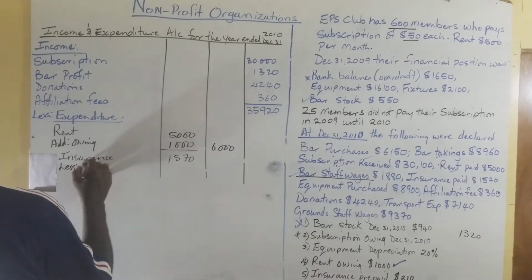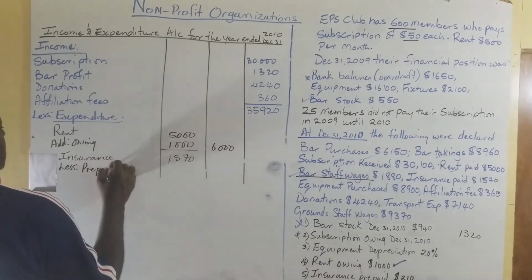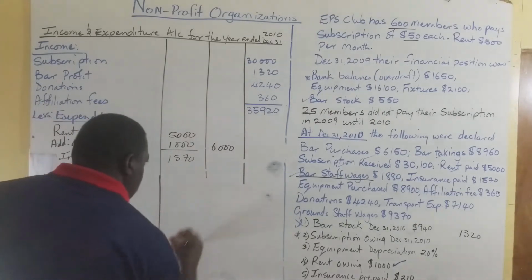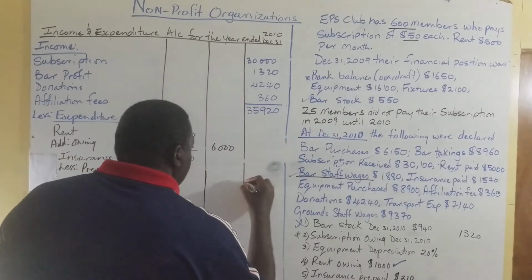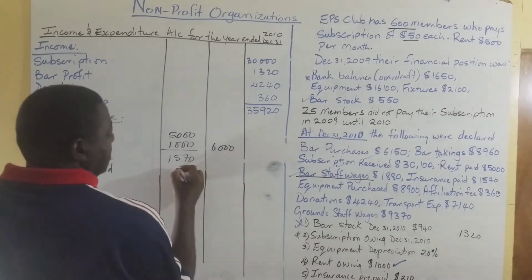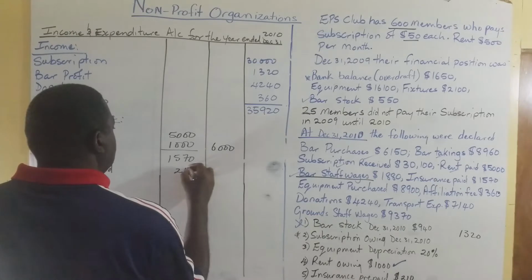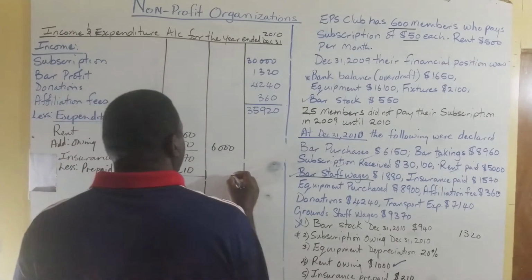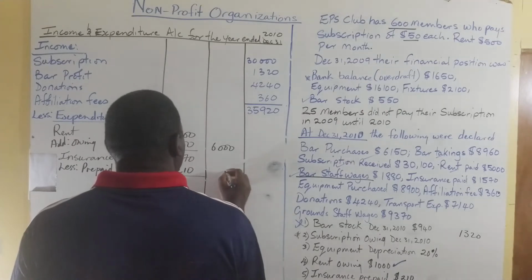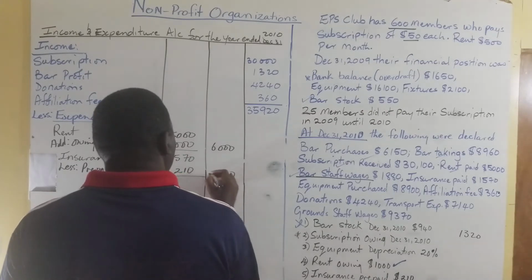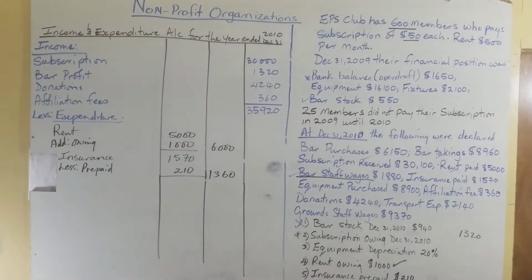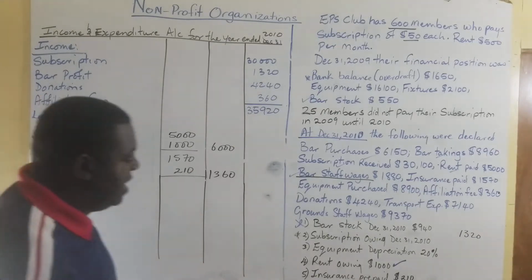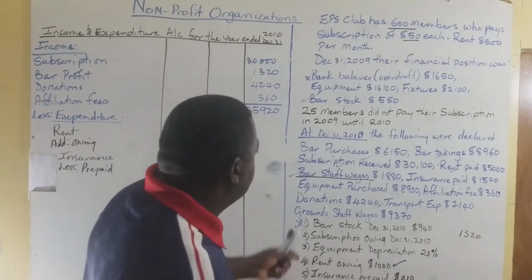Less prepaid, and this amount, let me extend the columns, is $210. We're going to subtract, and that would be 1,360. So we've treated with that.